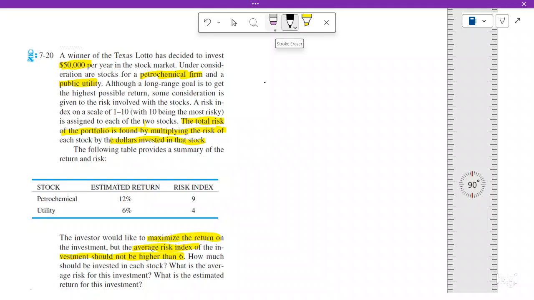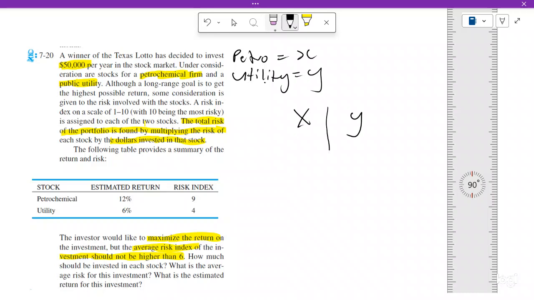Then on this other side, we have x equals 50,000, y equals 50,000.